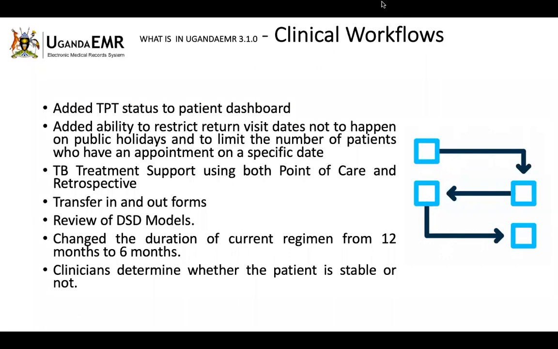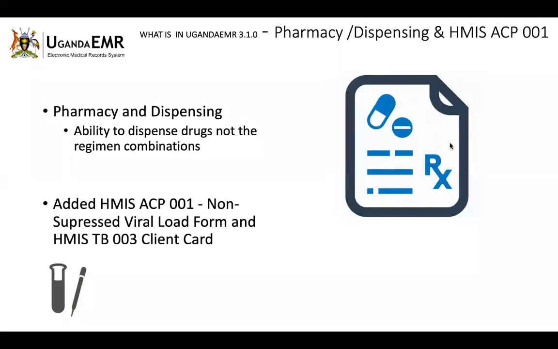We have also added an option in pharmacy and dispensing, that is the ability to dispense drugs and non-regimen combinations, which was one of the most stressing things for pharmacists and indeed clinicians when we implemented 3.04 point of care, because we had the ability to dispense regimens, but pharmacists were saying when we are dispensing, we dispense drugs.